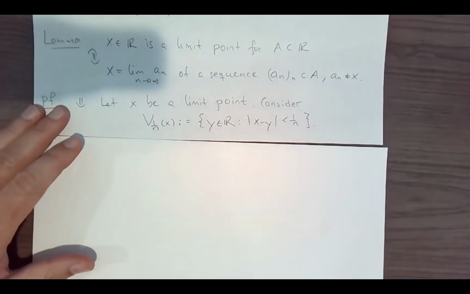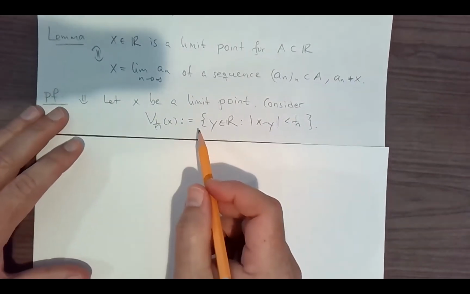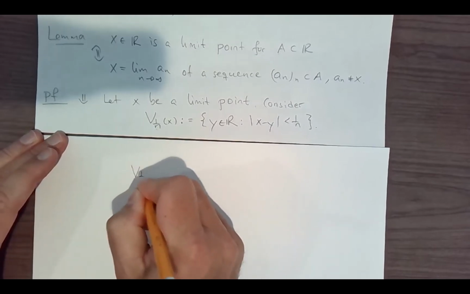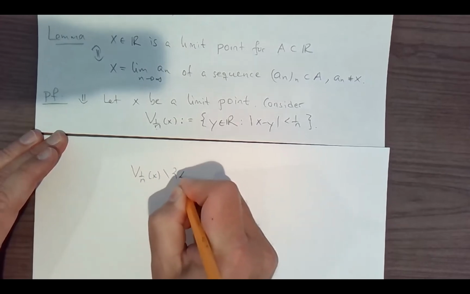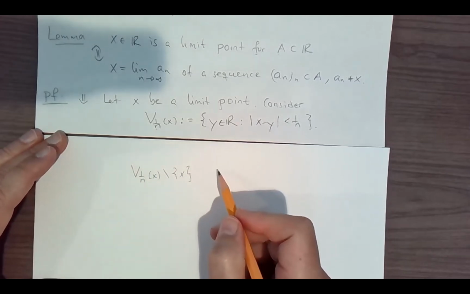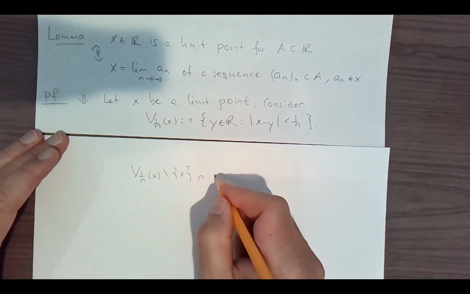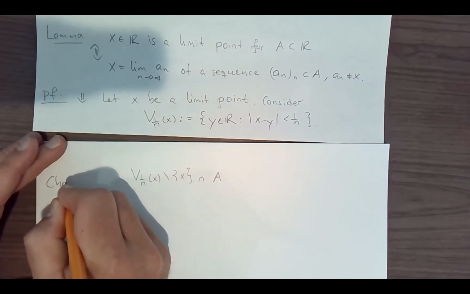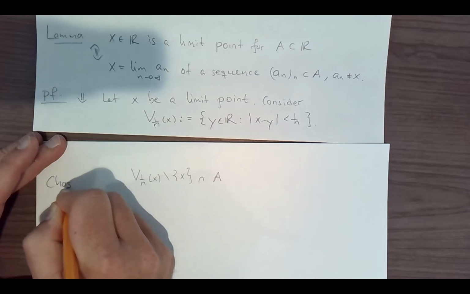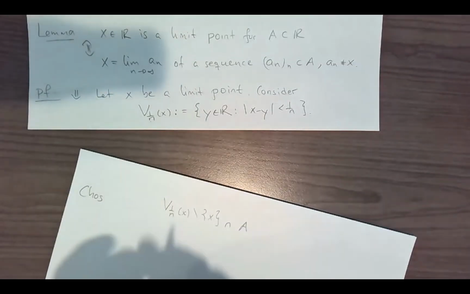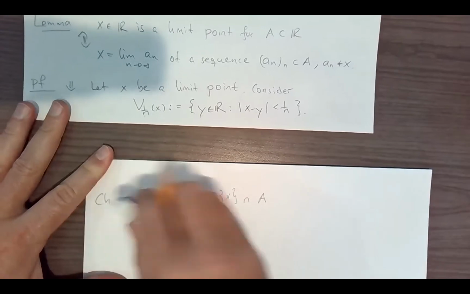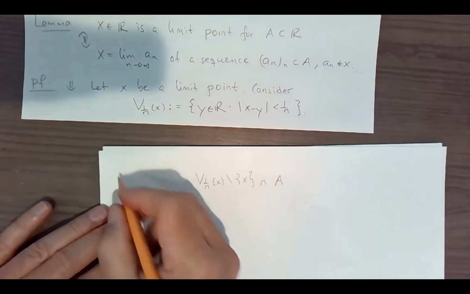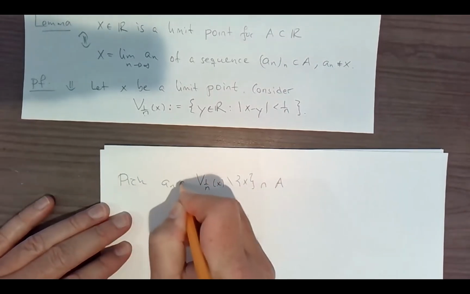So now we use the property of being a cluster point, right? When I take B 1/n of x, I remove x from it. This one is not empty when I intersect with A. But this is not empty, so I can pick an in there.